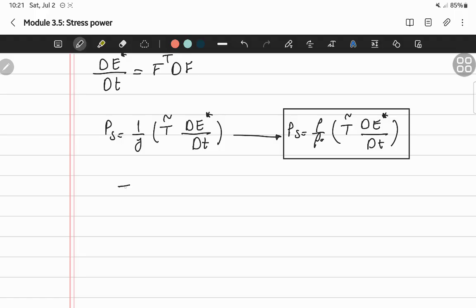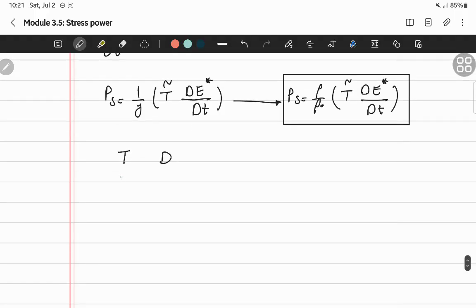And remember here that for the Cauchy stress tensor, we had T with D. Here we had T0 for the first Piola-Kirchhoff stress tensor with F dot. And here we had T tilde with E star dot. We call these conjugate pairs. And remember, for the stress power, since this is the rate, we have T with D. Since D itself is the rate of deformation, it comes from the symmetric part of del V, so it doesn't need this dot; it already has the rate inside itself.